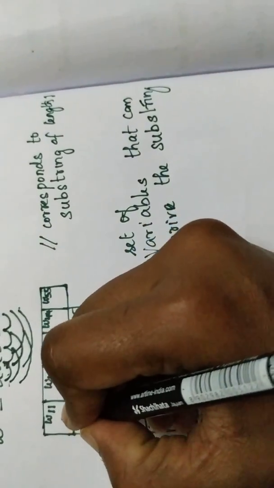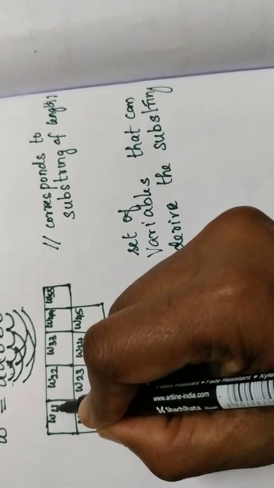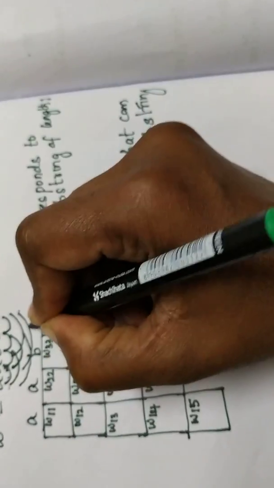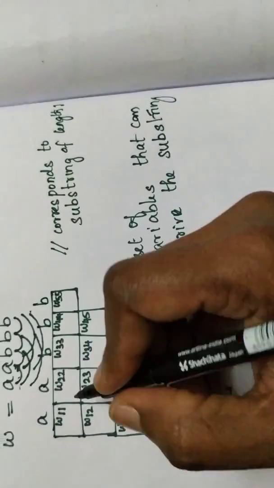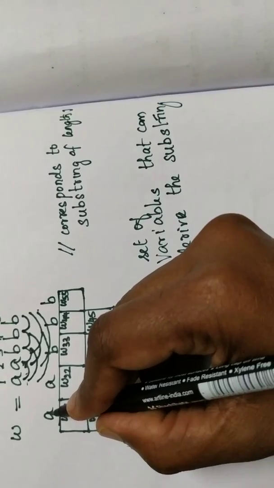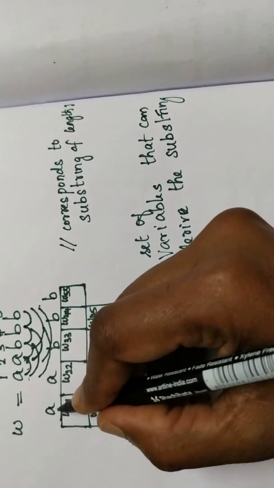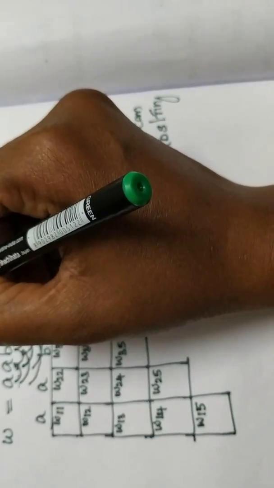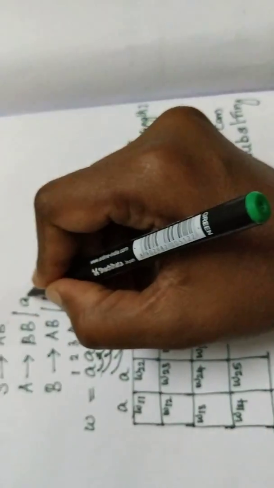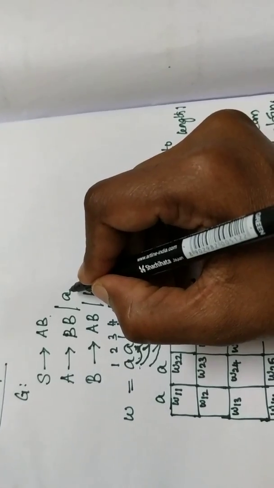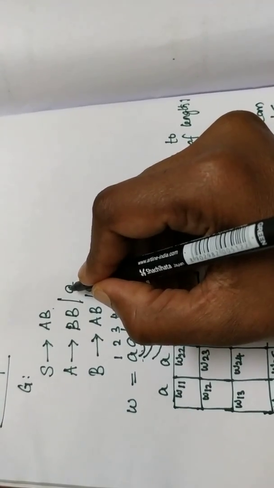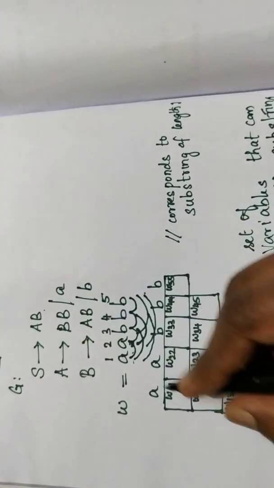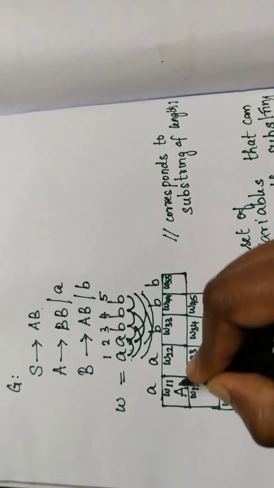First let us take this cell, W11. The first cell corresponds to the substring a. We look in the grammar for which variable could derive this substring a. We can see that a can be derived by variable A, so we put A here.